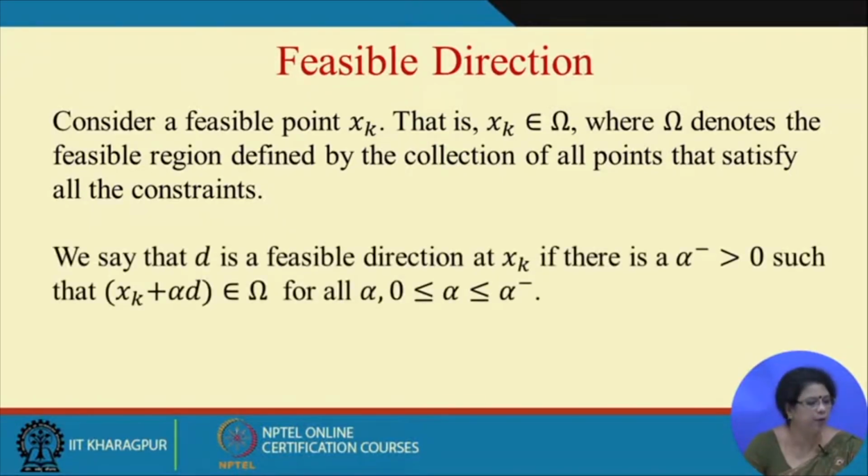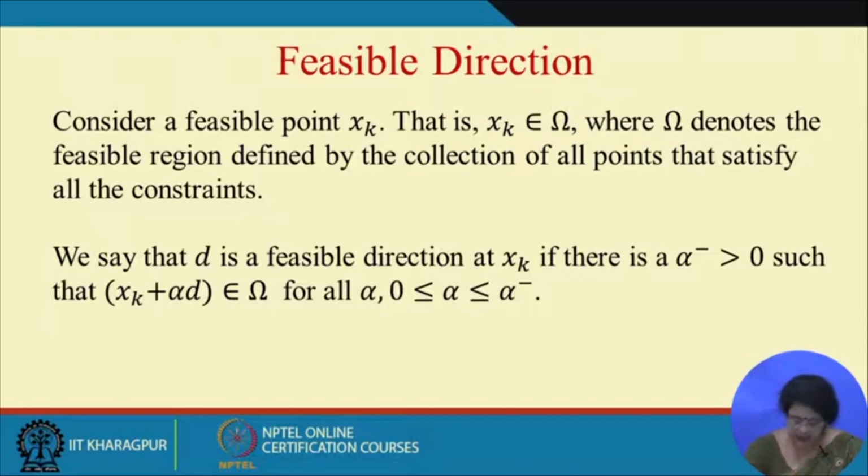Now, if I move from xk in any direction d in such a way that xk plus alpha d, where alpha is the step length, remains within the feasible space, then d can be said to be a feasible direction.